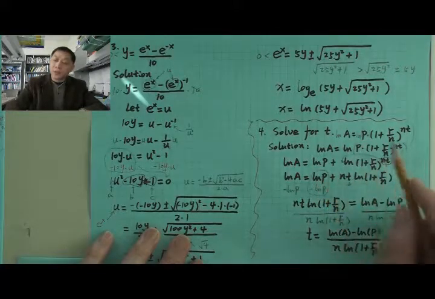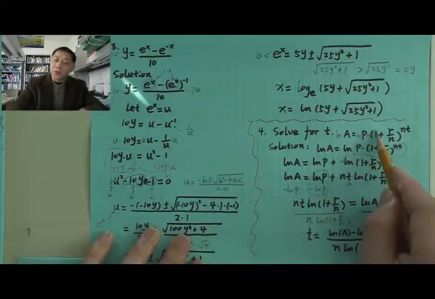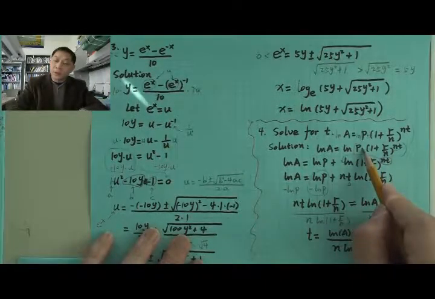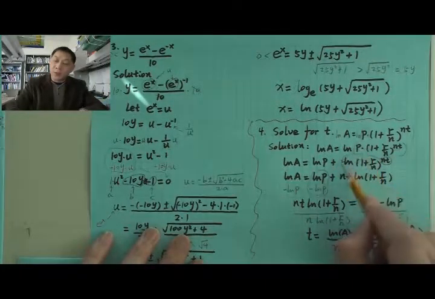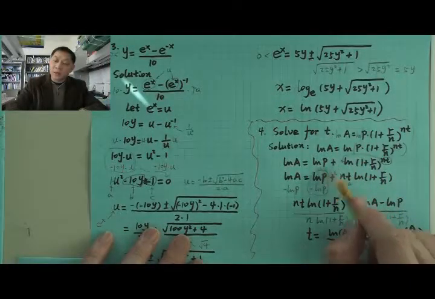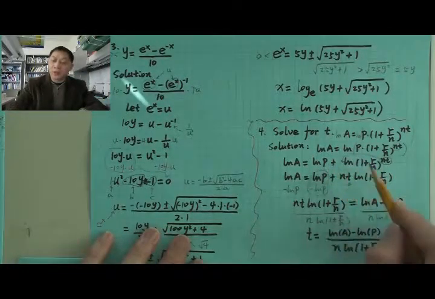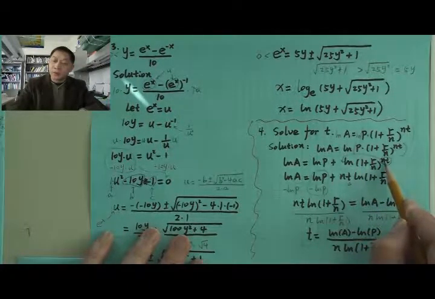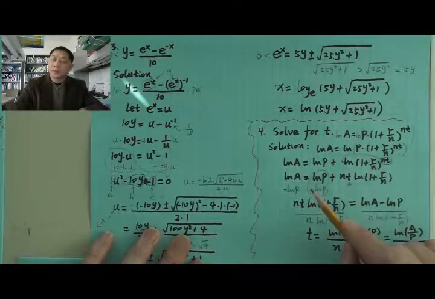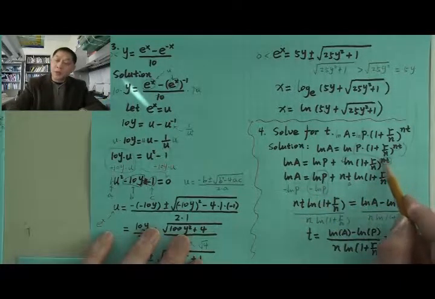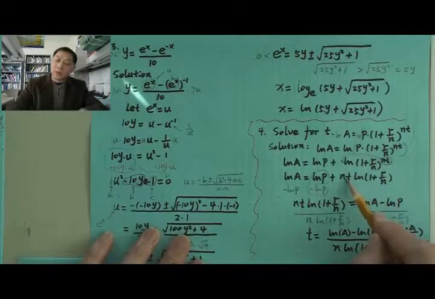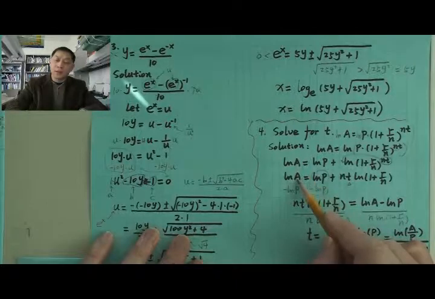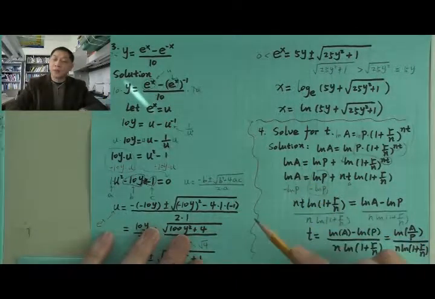Before we do that, notice P times this whole quantity to the nt. Since this is multiplication, you've got to change multiplication to addition first. So that will be natural log P here, and then natural log of 1 plus r over n to the n times t. Then you can bring this nt down to the front. We didn't do anything here with natural log A, we just keep it.